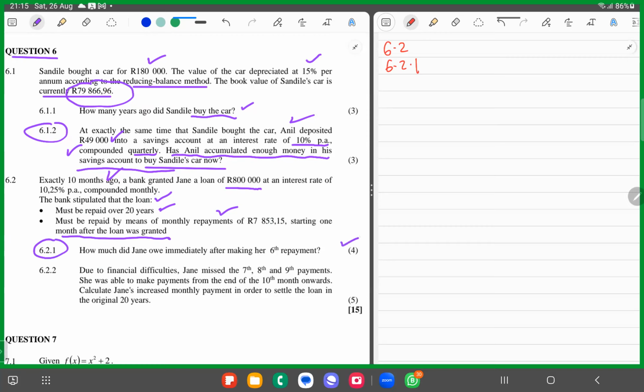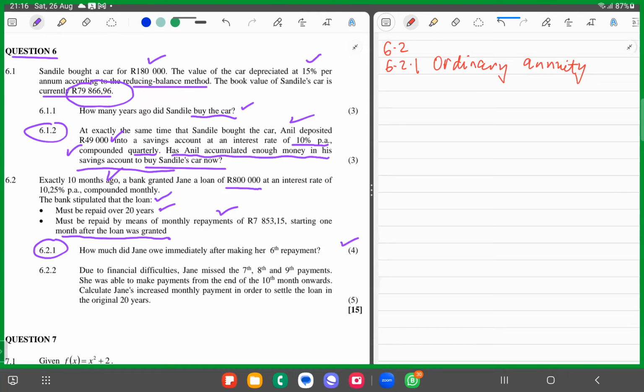So let's look at this one. These are called ordinary annuities. So this is an ordinary annuity. Ordinary annuity suggests that the payments start after a given period.